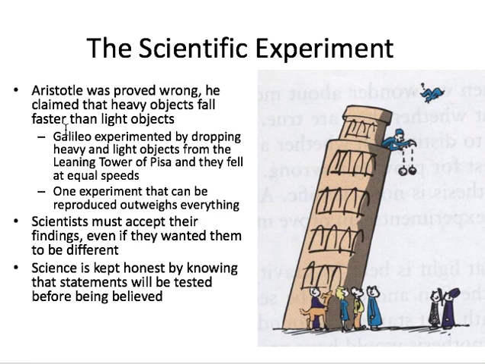So basically, you can be a smart scientist and be proven wrong. Aristotle was proved wrong. He claimed that heavy objects fall faster than light objects, and he didn't test it. Galileo went ahead and climbed up the stairs to the Leaning Tower of Pisa and dropped a couple of objects and basically debunked Aristotle. Scientists must accept their findings even if they wanted them to be different.